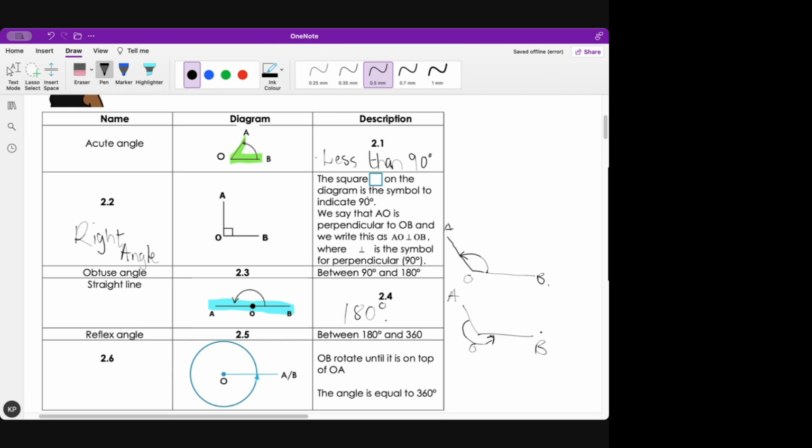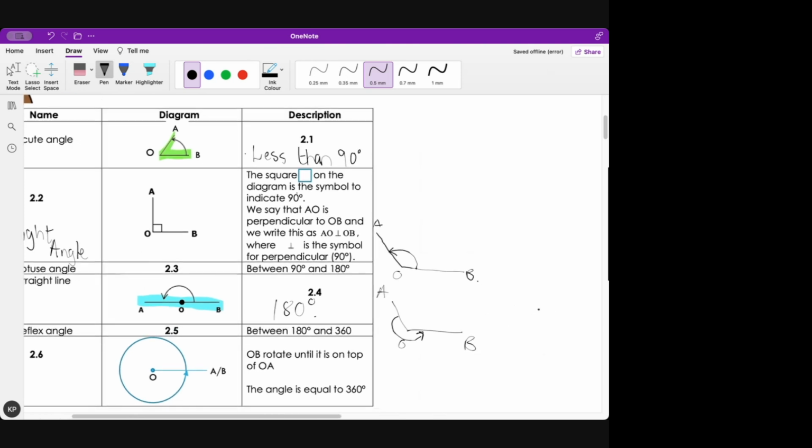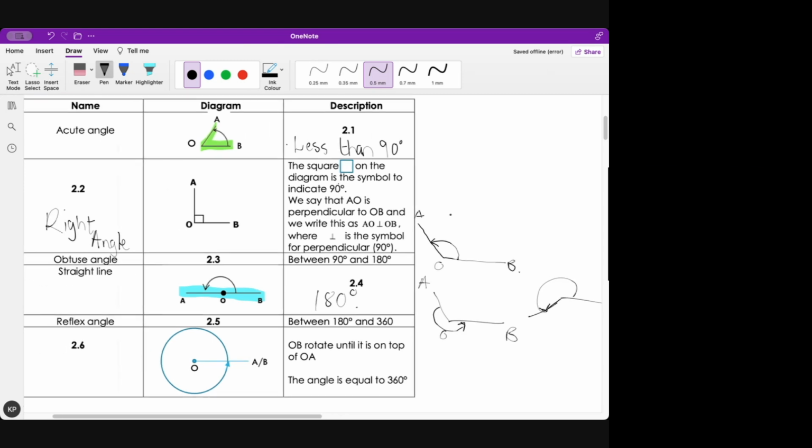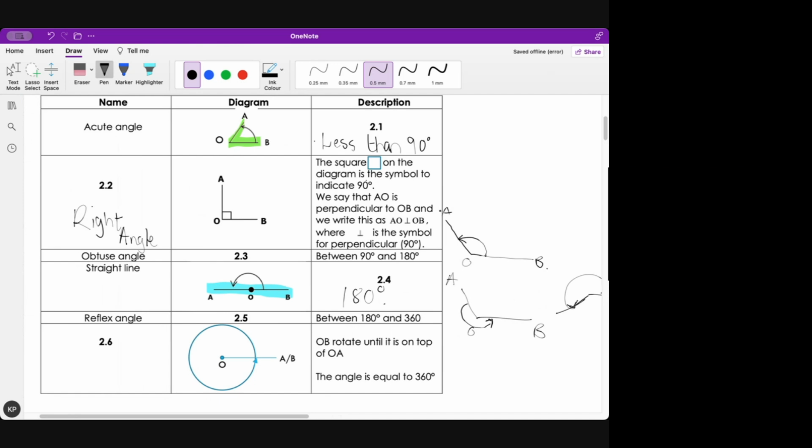So think of it being on a straight line, the straight line angle, and then you pull this head even further that way. So then it looks a lot like that. Excuse my drawing skills, guys. You get the point. But that is what a reflex angle is.